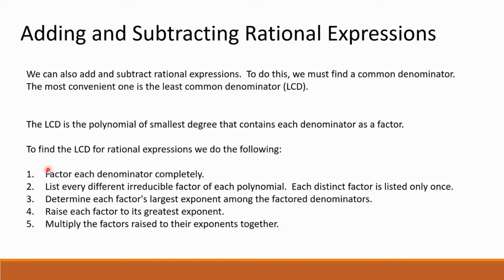And again, what is the LCD? Well, it's really the least common multiple of the denominators. Or in other words, for polynomials, it's the polynomial of smallest degree that contains each denominator as a factor.